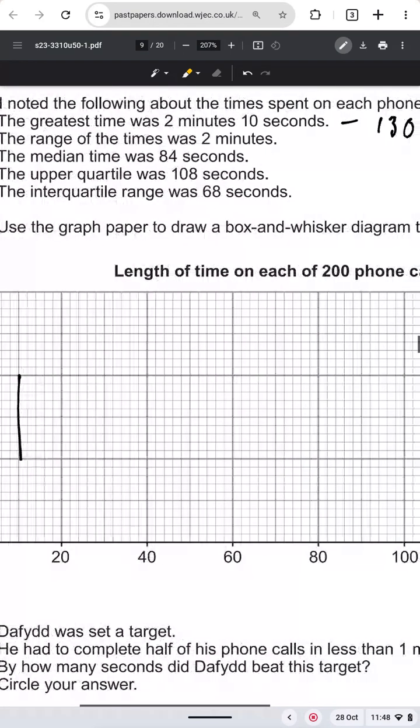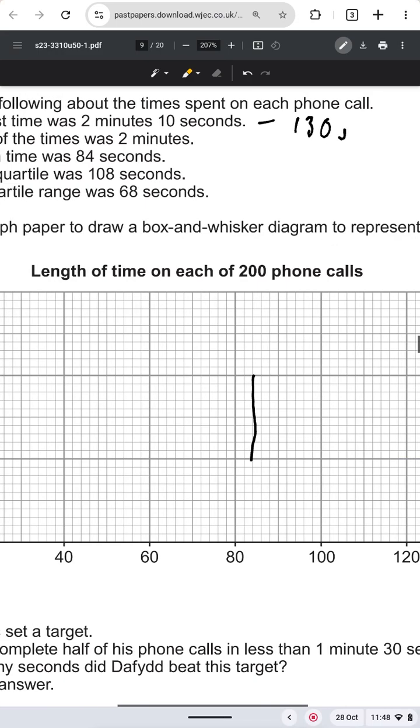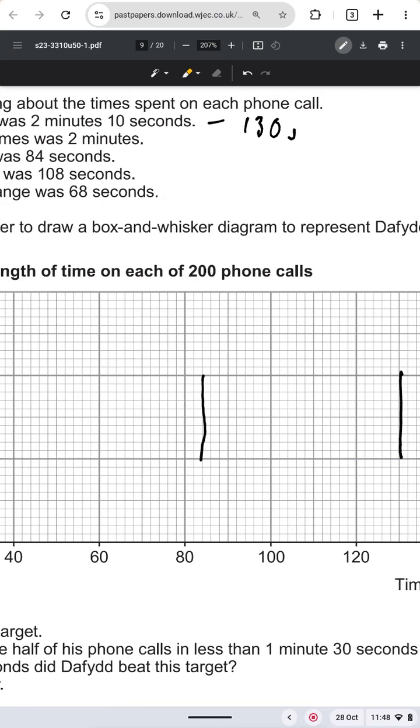The median was 84, so that's just below 90 there, going up in 2s. The upper quartile was 108, which is going to be there, which also means we can now join up our box.